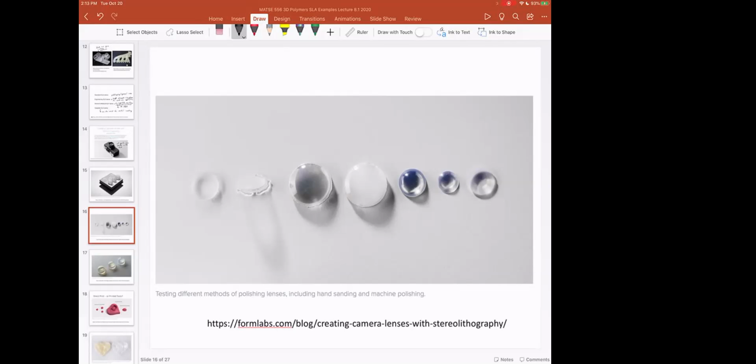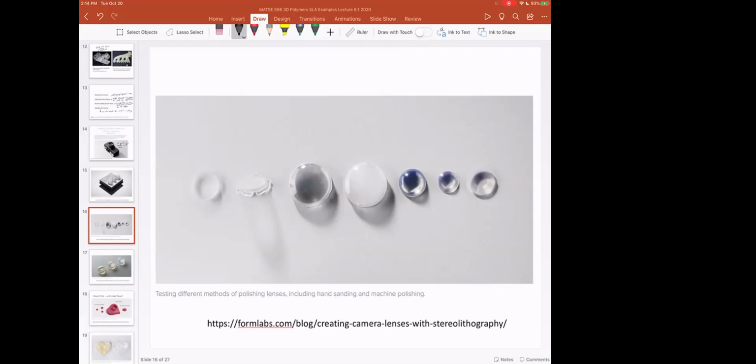And those air gaps, or any roughness internal to the part, is what causes the material to be translucent or hazy all the way through. So even though we might use a polycarbonate feedstock in material extrusion AM, we can never get a material extrusion AM part that's perfectly clear, even if we polish the surface, because of the internal porosity, which scatters light.